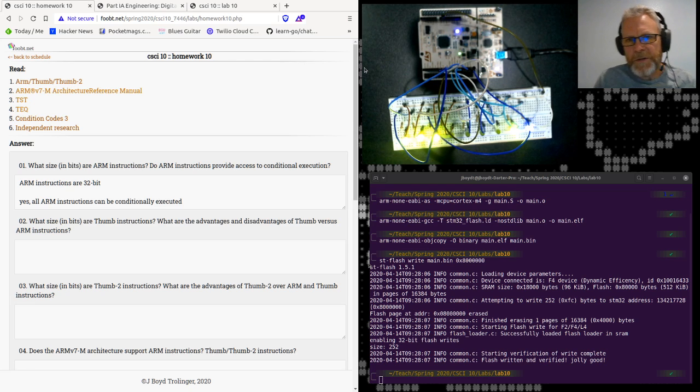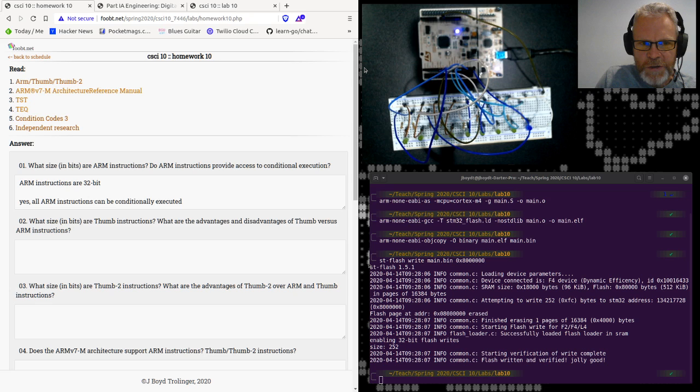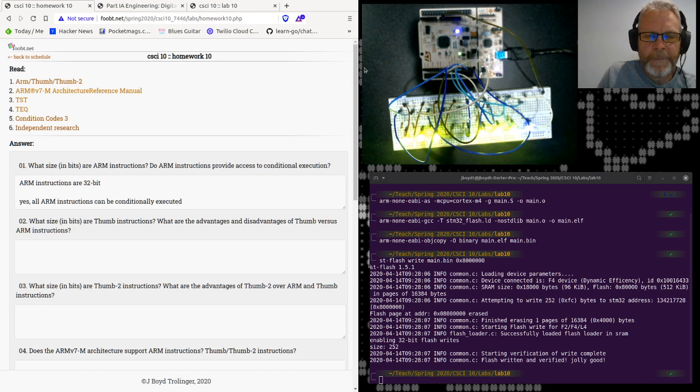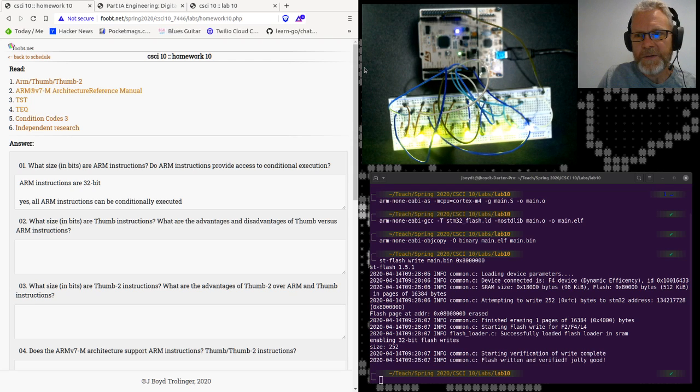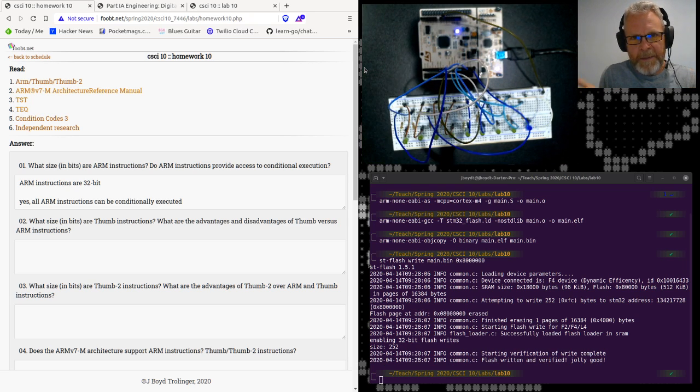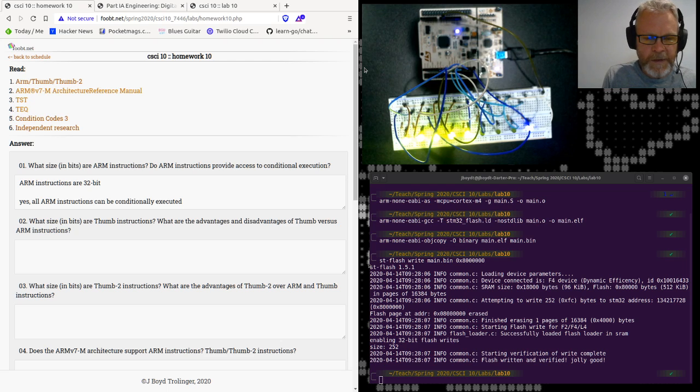So ARM instructions are 32 bits. All ARM instructions can be conditionally executed. Now, we just wrote some instructions that are conditionally executed, so pay attention to what's coming here in just a second. The main thing about an instruction being 32 bits or another size is that more bits means they require more space to store them when they're in an executable file.